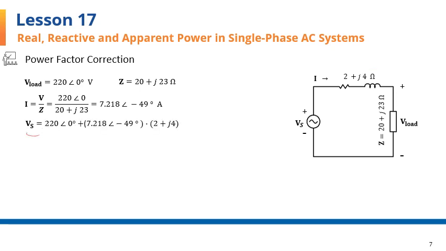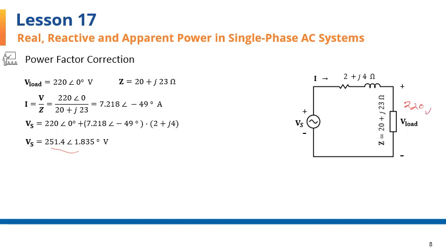V source equals I times this quantity plus the 220 voltage of the load, which is written right here. The sum of those two, which defines the source voltage, comes to 251.4 volts with 1.835 degrees angle. The loaded voltage at the receiving end is of course 220 volts by design.